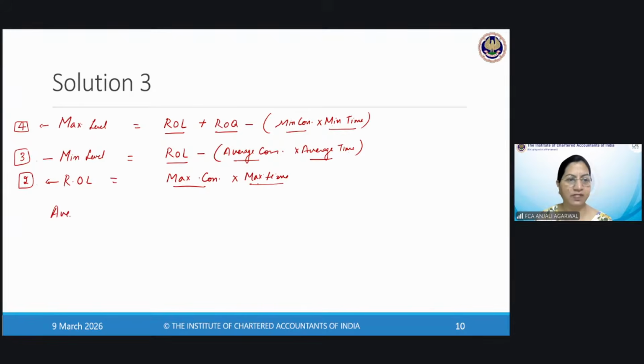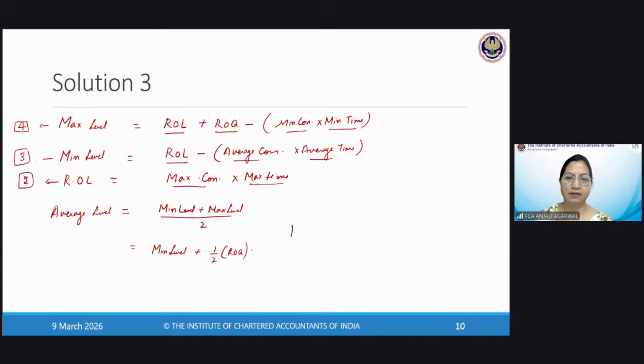And then comes average level. Average level is either minimum level plus maximum level divided by 2. But a better formula is minimum level, that is the minimum you will have, plus half ROQ. So minimum is always there, and then you order some units which you consume from on an average. So that becomes your average level.